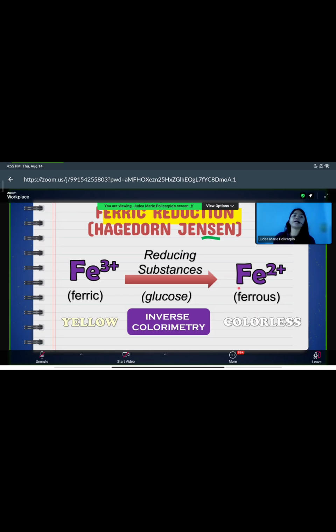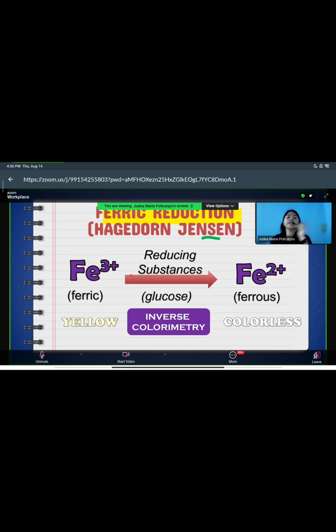Kaya naman isa pa palang point of difference siya sa copper reduction. Ang copper reduction kasi, colorimetry, appearance ng kulay ang inaabangan natin, appearance ng blue, appearance ng yellow to yellow-orange color. Pero this time, si ferric reduction, inverse colorimetry. We are looking for the disappearance of the color.